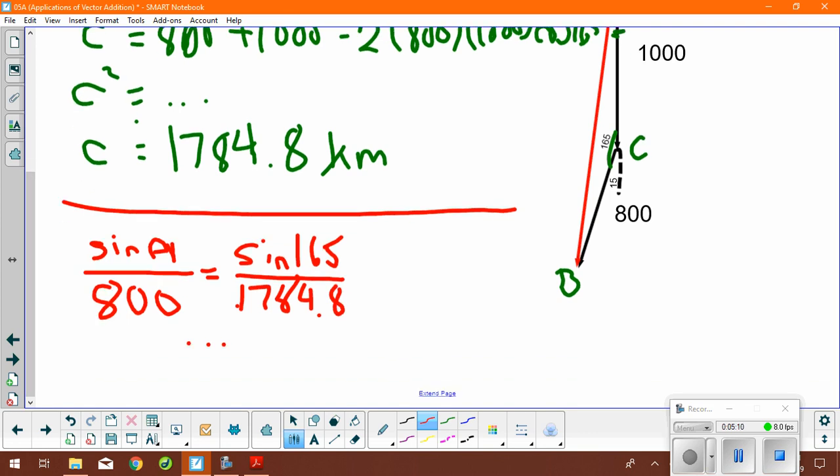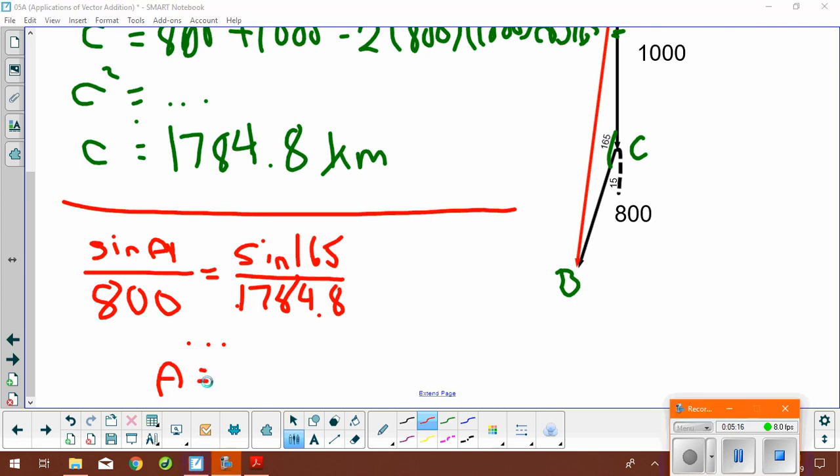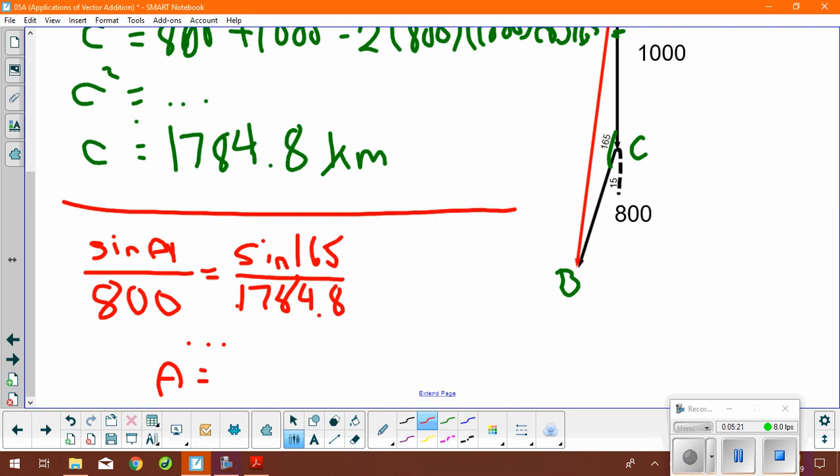Okay, again, at this point, confident we all know how to run that through. So when we get down to it, the value of A is 6.7 degrees. Okay.